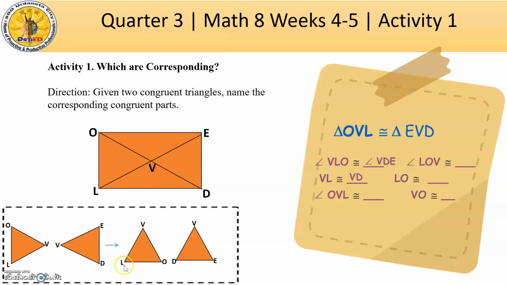Side VL is congruent to side VD. Angle OVL corresponds and is congruent to angle EVD. We have the same vertex, right?